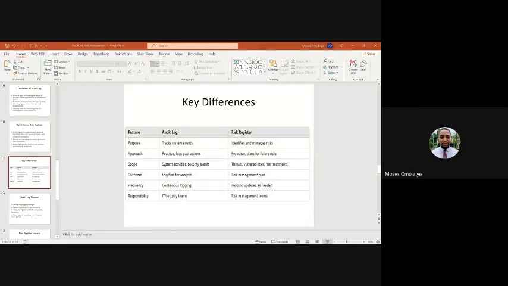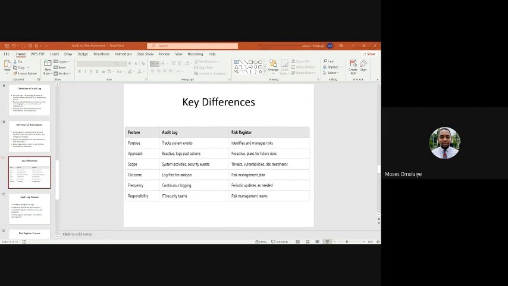Now, what's the scope of the audit log? It logs files for analysis, while the risk register is for risk management planning. And then what's the frequency? For audit log, it's a continuous thing. And that's why you have departments like IT audits, and risk in organizations.